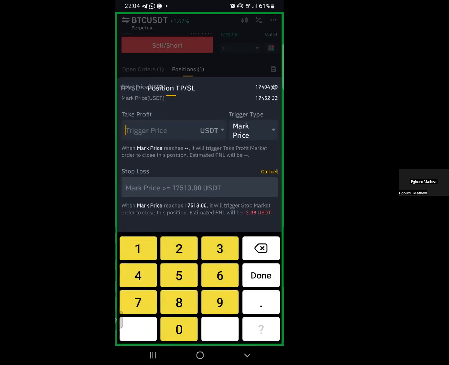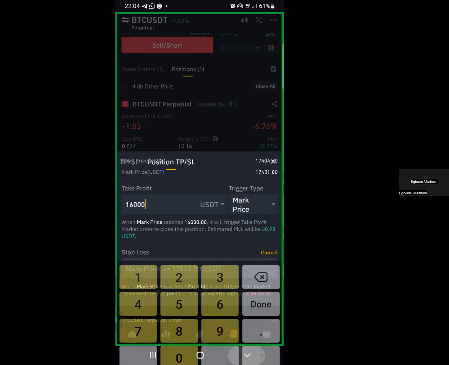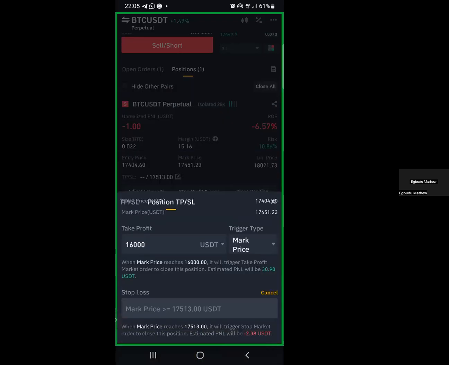What it means is once price action gets to 16,000, my estimated PNL will be 30.90. That will be my profit once price action gets to 16,000.